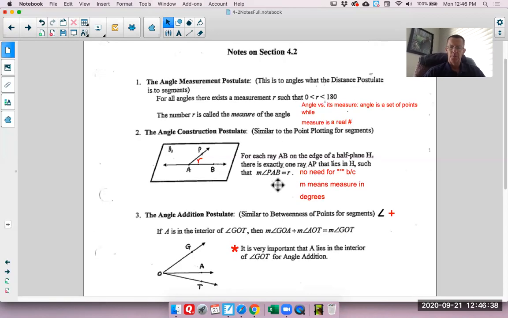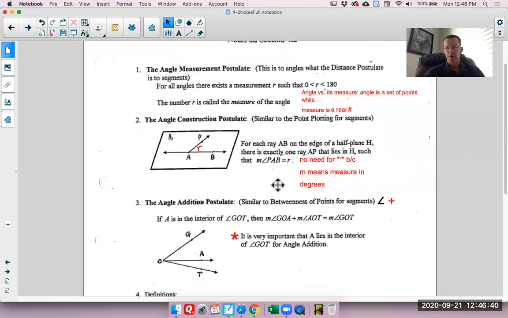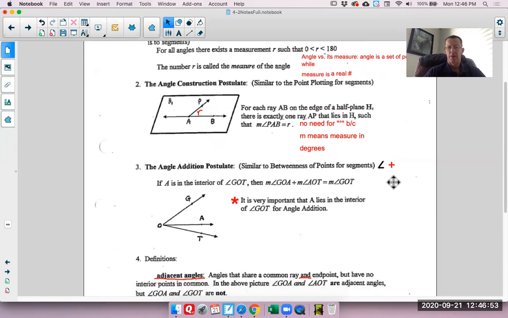Okay, cool. So angle addition postulate is similar to betweenness. Remember how we said a part plus a part equals a whole in terms of segments? Same thing with angles. So this is the angle addition postulate.